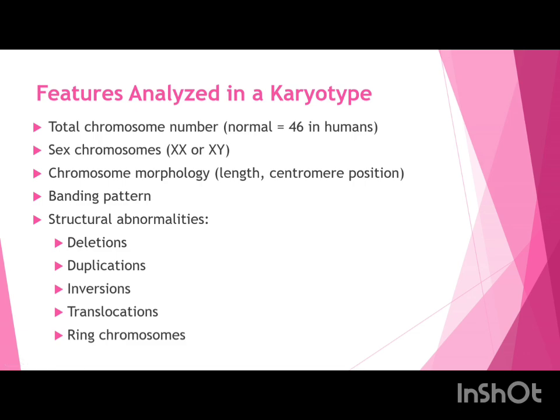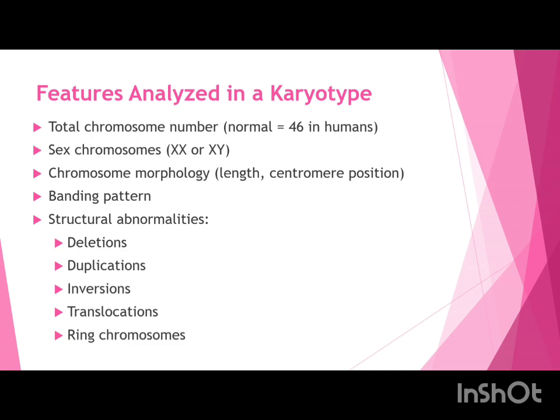Now, what features are analyzed in a karyotype? After getting that analyzed report, what will we understand? You can get the total number of chromosomes. You can see the sex chromosomes, whatever is present. You can study the chromosome morphology: the position of the centromere, the length of the chromosomes, whether both the P and Q arms are equal, or the centromere is at the center, or it is near the end.